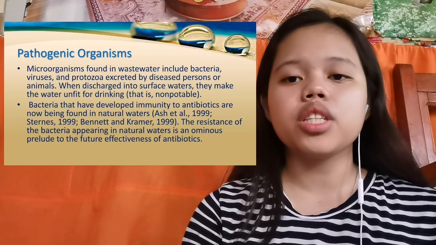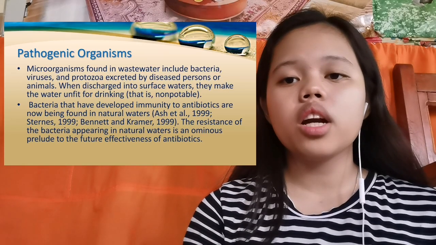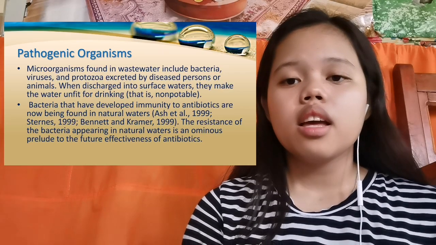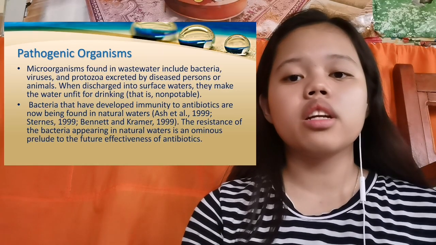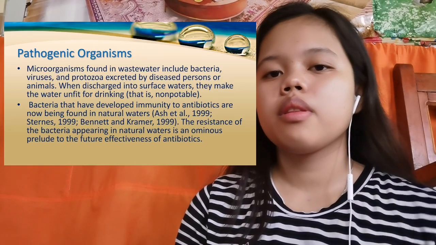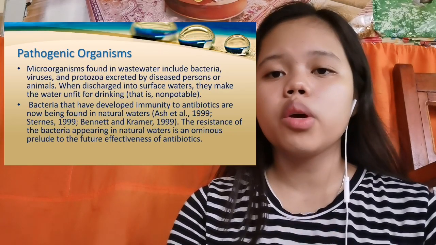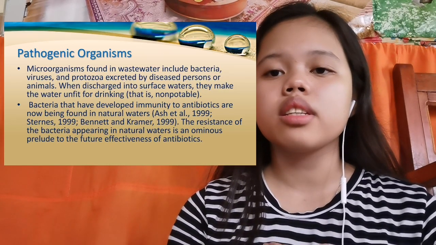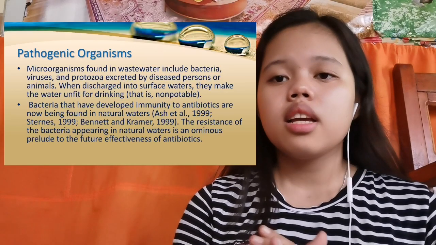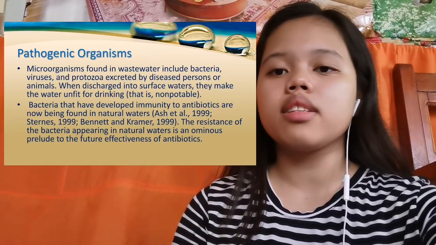Certain shellfish can be toxic because they concentrate pathogenic organisms in their tissues, making the toxicity levels in the shellfish much greater than the levels in the surrounding water. Bacteria that have developed immunity to antibiotics are now being found in natural waters. The resistance of the bacteria appearing in natural waters is an ominous prelude to the future effectiveness of antibiotics.